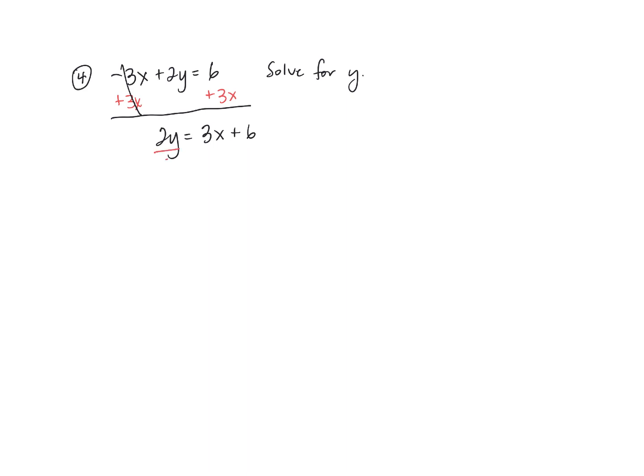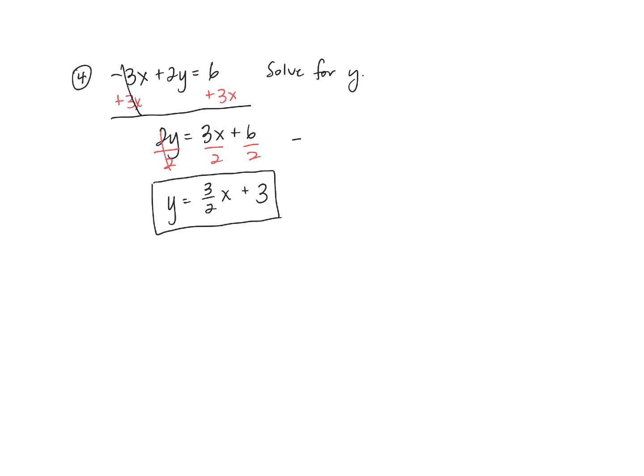And now we want to get rid of the 2. So we're going to divide each piece by 2. And we'll get y equals 3 halves x plus 6 over 2 is 3. And that's it for number 4.